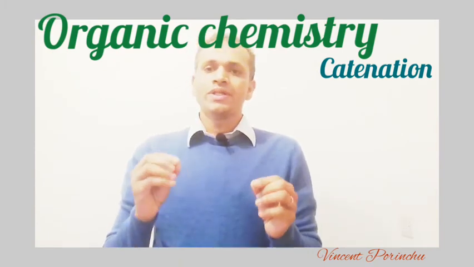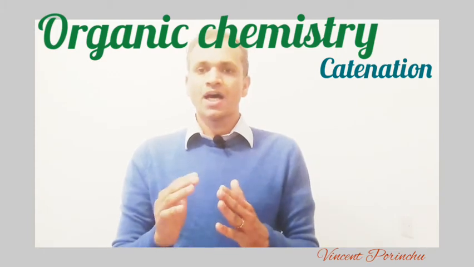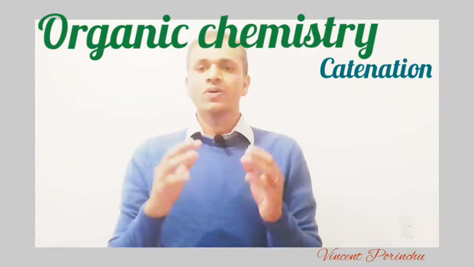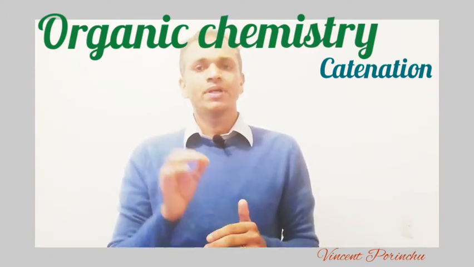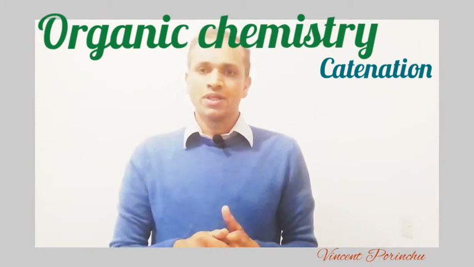So this important property of carbon atom makes carbon most popular in the periodic table. As a result of that, carbon can form a variety of compounds in the universe.